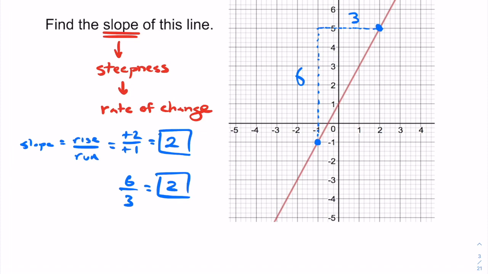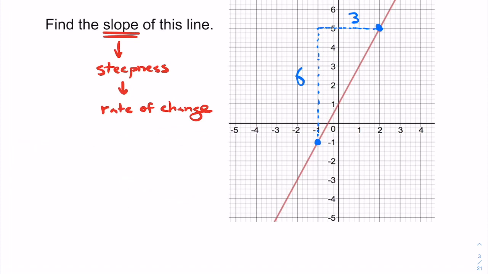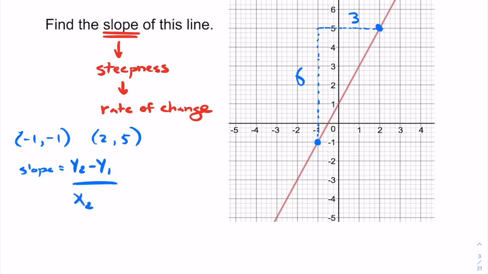Okay. Now, some of you may have found the slope like this. Some of you might have chosen 2 points, -1, -1, and 2, 5, and then you remembered that slope was this equation where it was like y2 minus y1 over x sub 2 minus x sub 1.